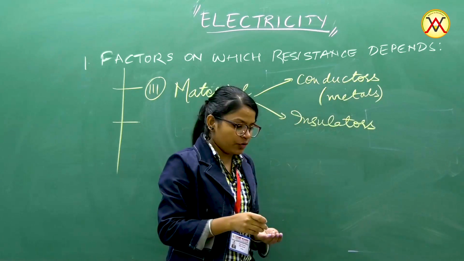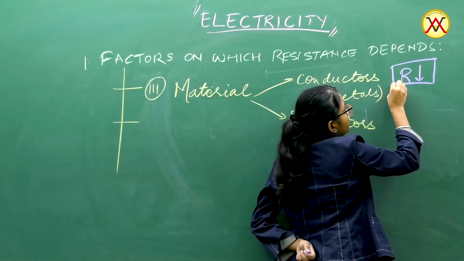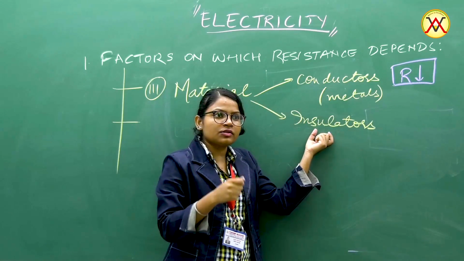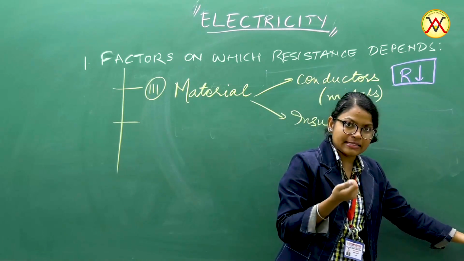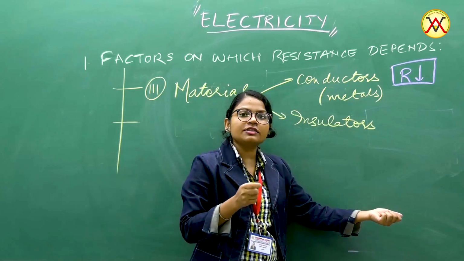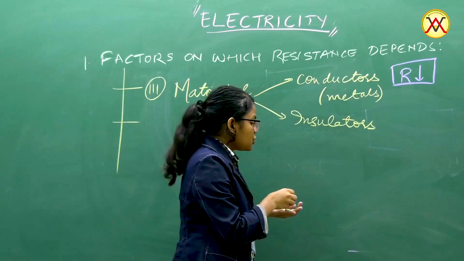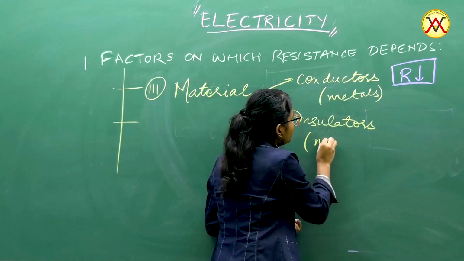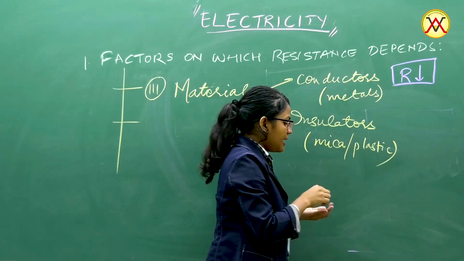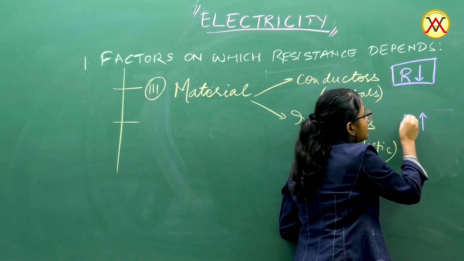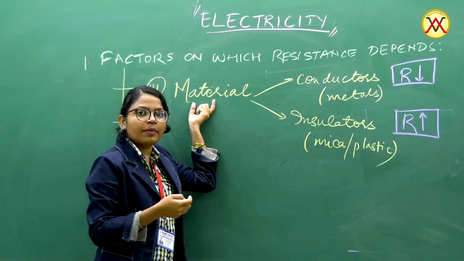Since current is easily flown, that means resistance of conductors is very low. Speaking of insulators, all our switchboards are made up of mica sheets or polyplastics. Since they are made up of mica sheets or polyplastics, we do not feel any current through that, right? So the amount of current flown through our insulators is very less. Since current is very less, that means our resistance is high. This is how resistance depends on our materials.